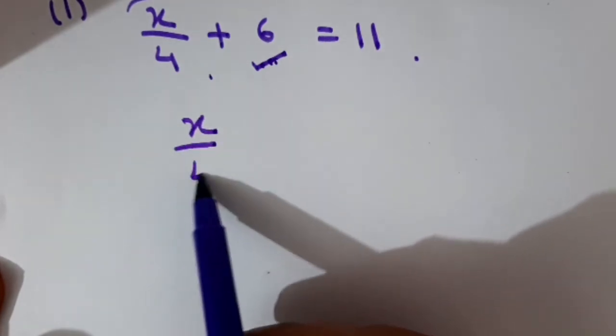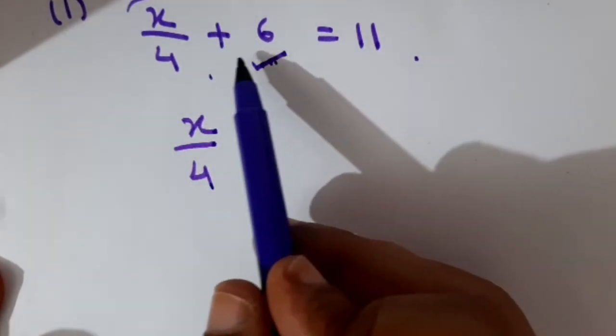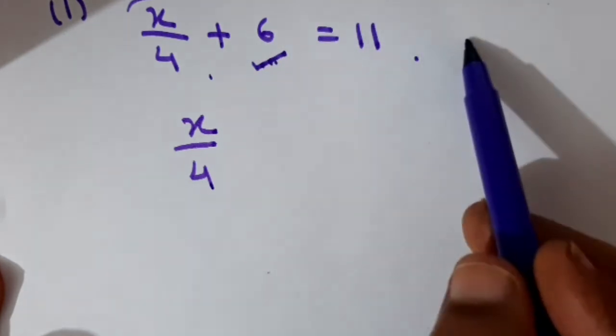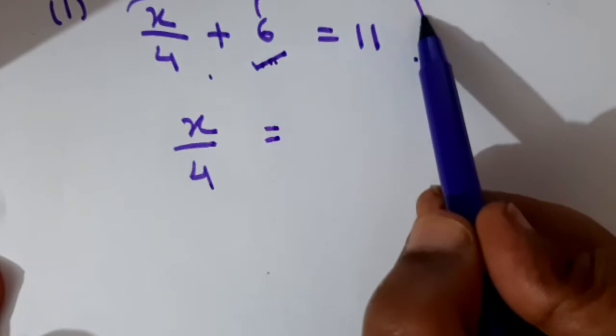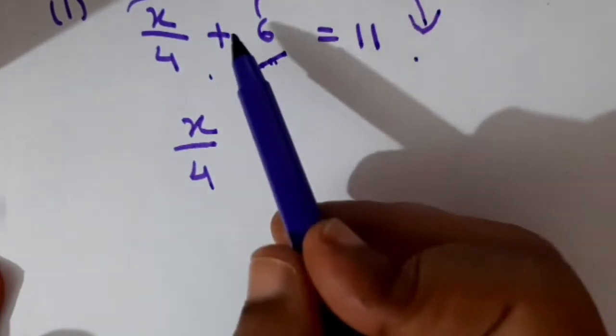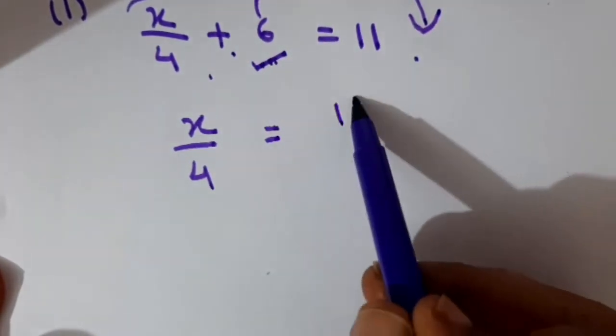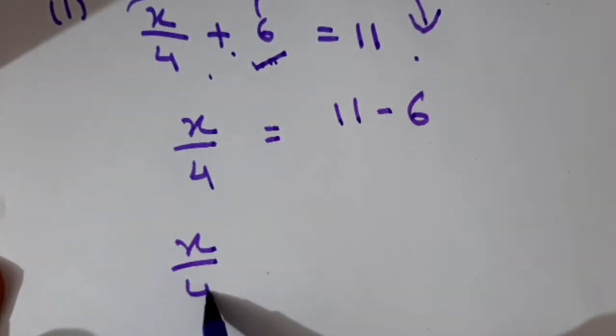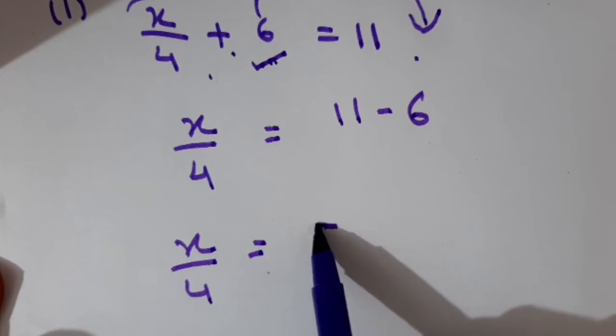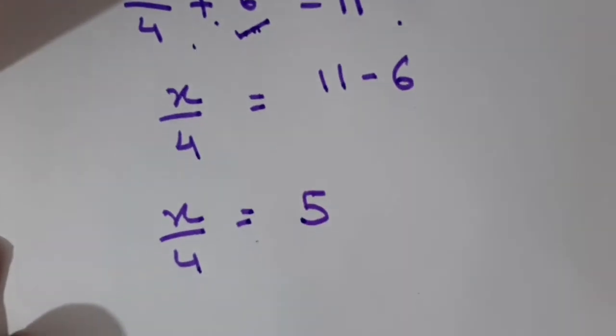So first of all, I'll shift this plus 6 from LHS to RHS. So when it comes here, plus 6 will become minus 6. So now it will become x upon 4 is equal to 11 minus 6, which is 5.